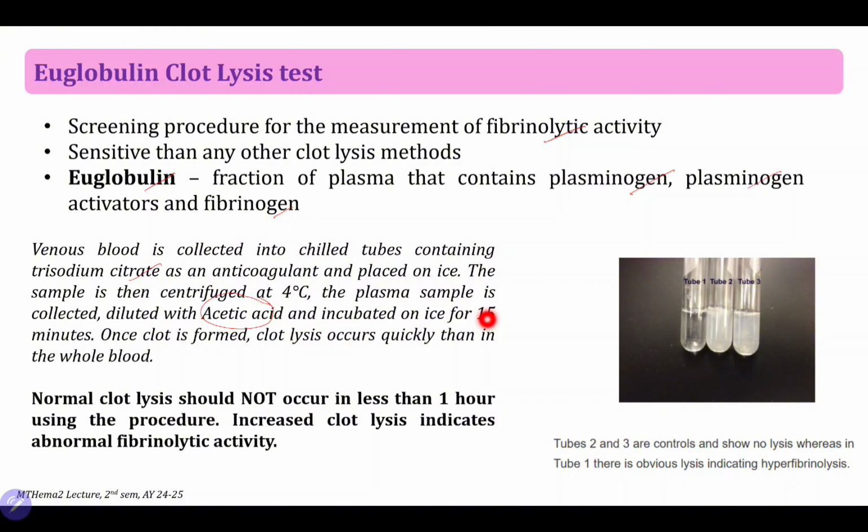Once a clot is formed, clot lysis occurs more quickly than in whole blood. Now, in the euglobulin clot lysis test, a normal clot lysis should not occur in less than 1 hour using this procedure. Now, if there is increased clot lysis, this indicates abnormal fibrinolytic activity, which may be associated with bleeding or thrombotic disorders.